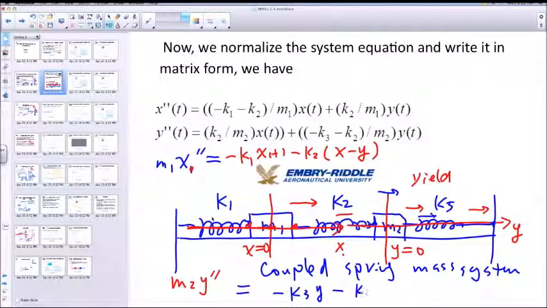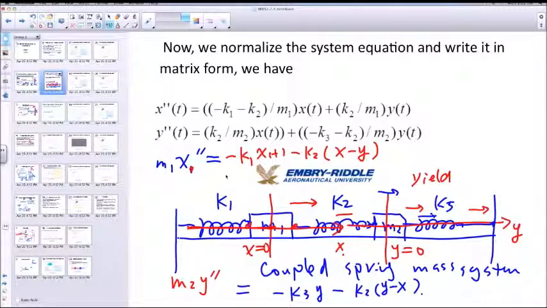Then you minus K2, and the distance should be exactly the opposite, Y minus X, depending on how much X yielded. So I will let you think if you have a little trouble following. It's just because these two are both moving.